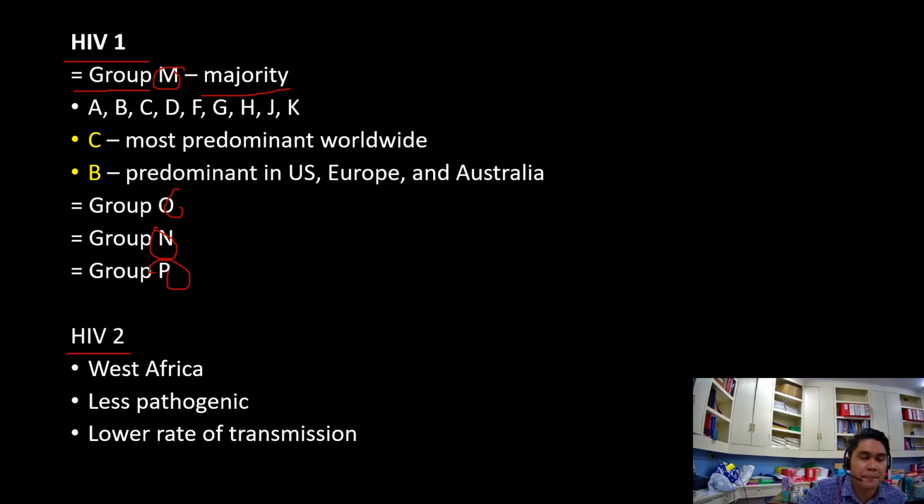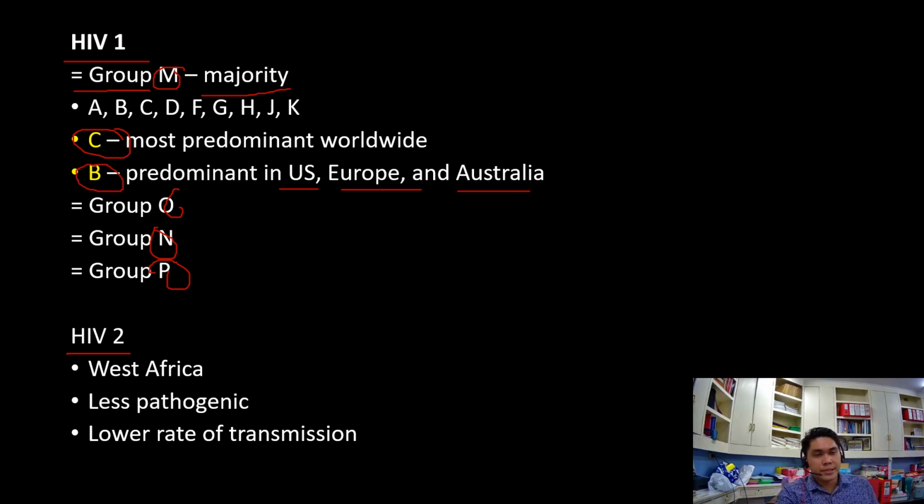Under group M, we have nine subgroups: A, B, C, D, F, G, H, J, K. The predominant subgroup of HIV-1 worldwide is C, and the predominant subgroup in the US, Europe, and Australia is B.